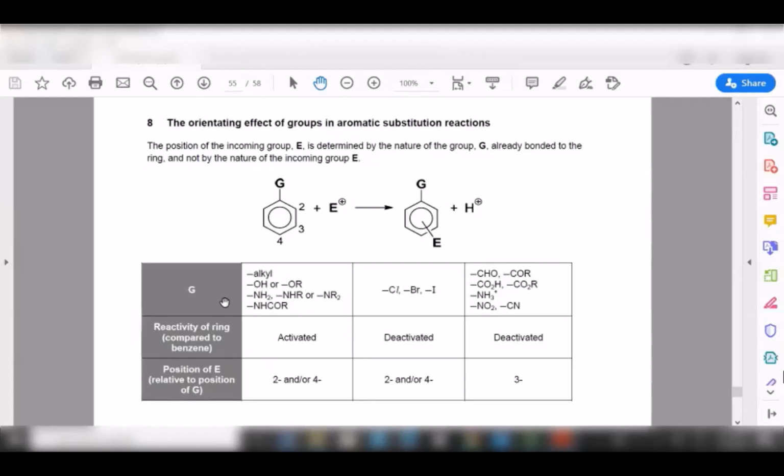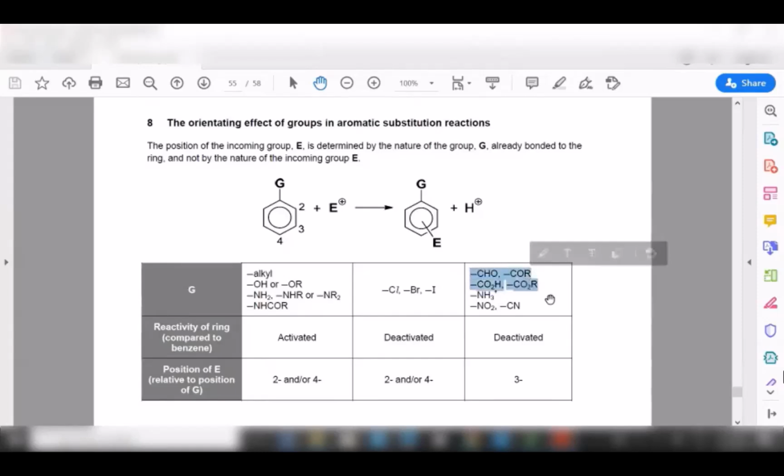This information is not provided in the data booklet, so you have to know that from your theory in your lectures. Please be aware of that. And the nature of deactivating groups: usually halogens are weakly deactivating. And if you scrutinize these deactivating groups, you realize they have something in common.